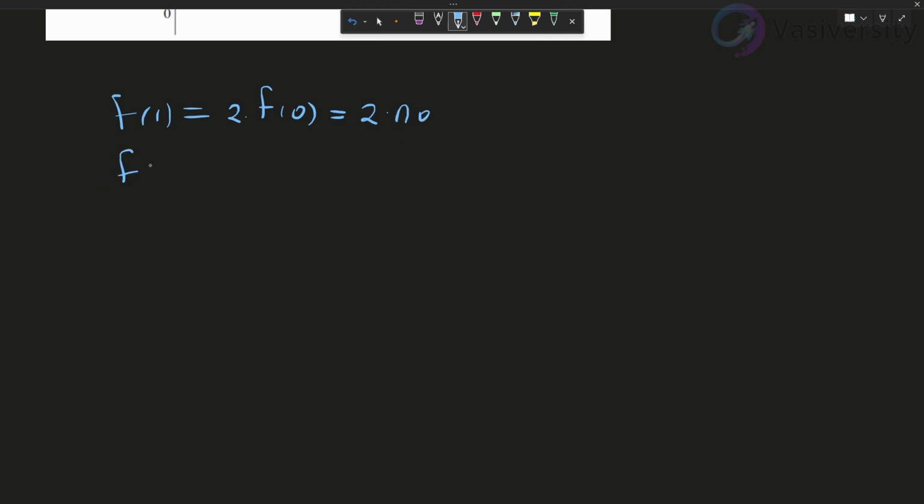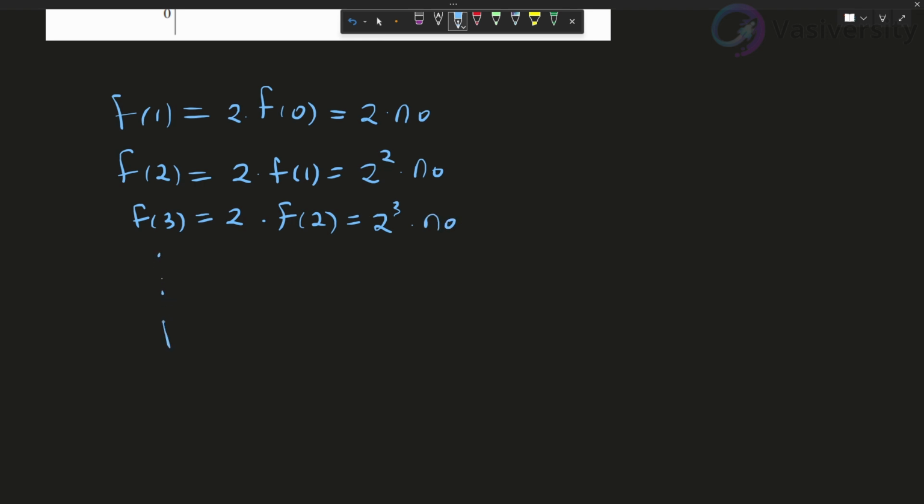Then after the second hour, we have twice as much as the first, which is 2 squared times n naught. Then the third hour, it's 2 to the third. So if we continue, after t hours we get a function f of t for the bacteria growth, which is 2 to the power of t times n naught. So this is the population function of the bacteria.